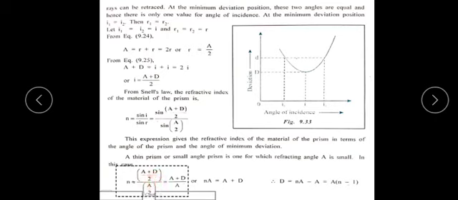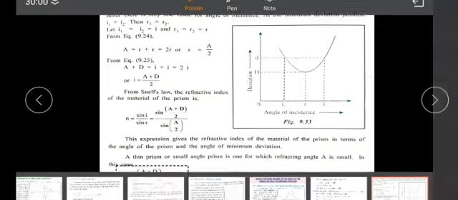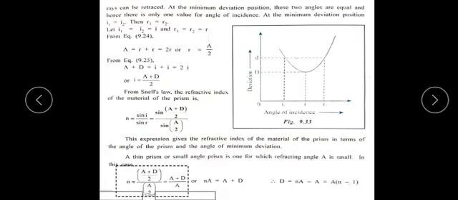Then the equation becomes, the 2 gets cancelled, remaining A plus D by A. On cross multiplication, nA is equal to A plus D, or D is equal to nA minus A, that is A into n minus 1. This is the value of the angle of minimum deviation.